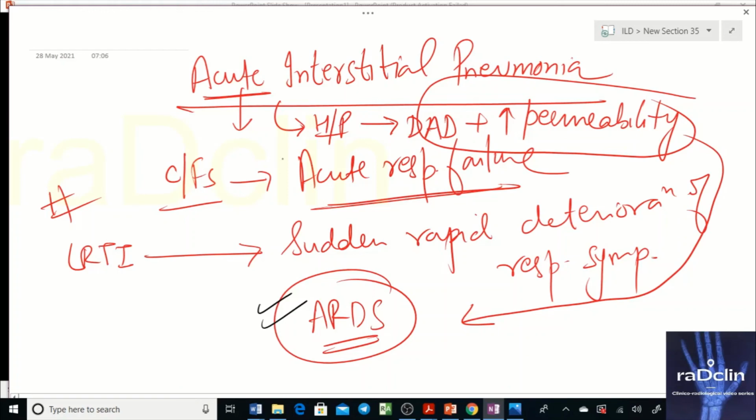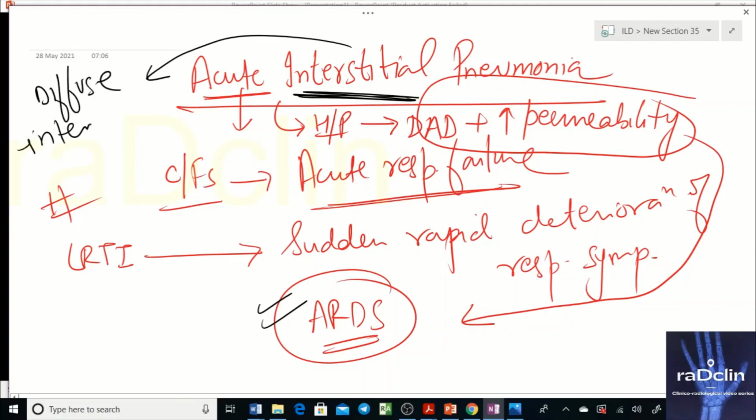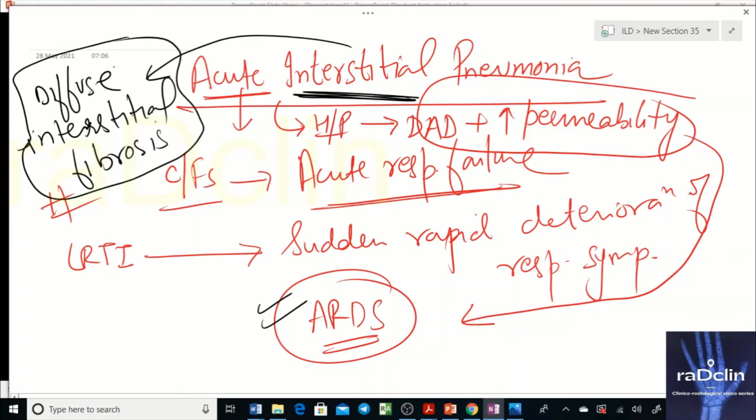But since it is interstitial also, in association you also see one thing on histopathology, that is diffuse interstitial fibrosis. Diffuse interstitial fibrosis is also seen along with that.